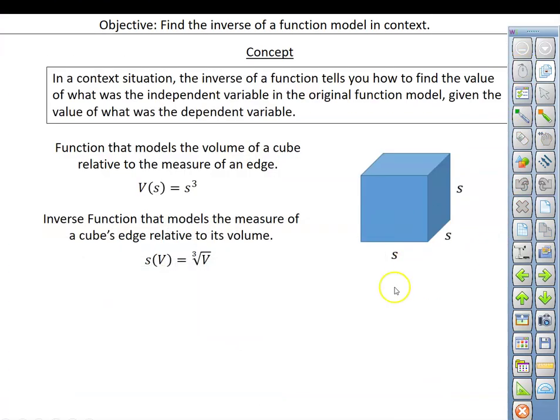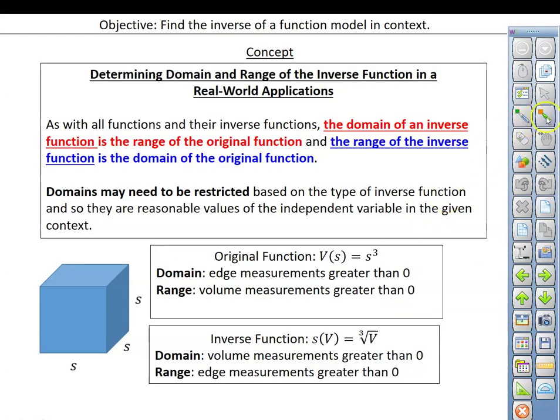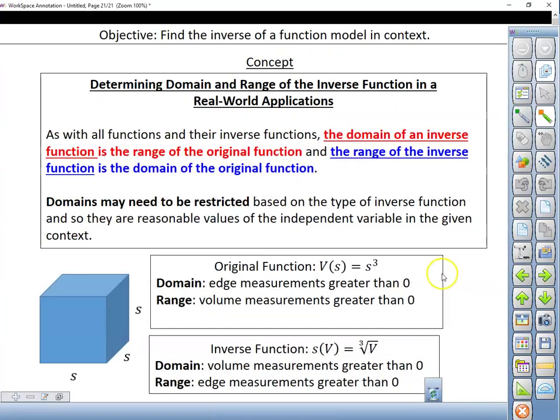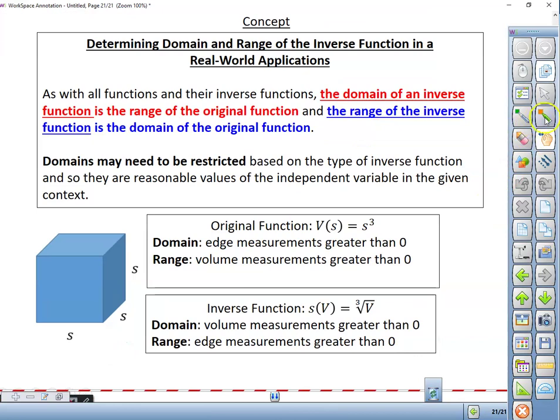We're also going to be looking again at identifying the domain and the range of our inverse models. So what we know about a function and its inverse is that the domain and the range switch. So the domain of an inverse comes from the range of the original function, and the range of the inverse comes from the domain of the original function.